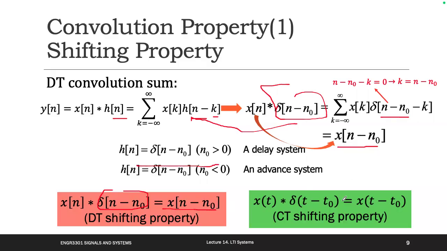And for the CT, if your input is convolved with this signal, you have this signal as output. That makes sense to you? Yeah, this property we call the shifting property. Actually, we will talk about several convolution properties, and these properties will help you simplify your calculation and your equation.